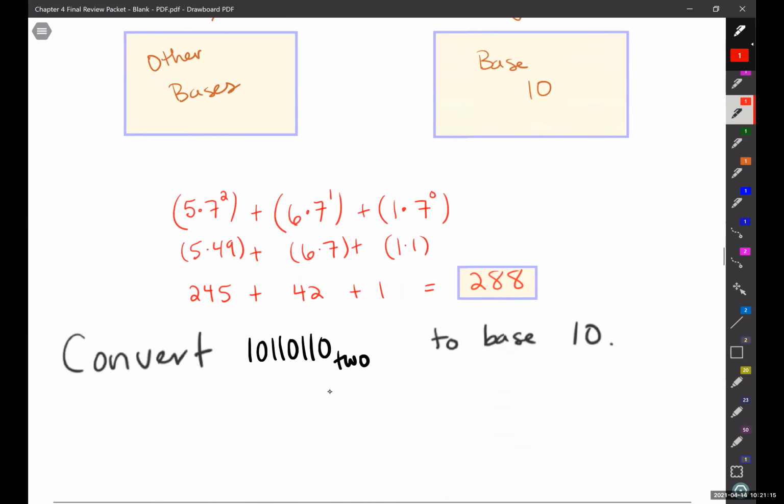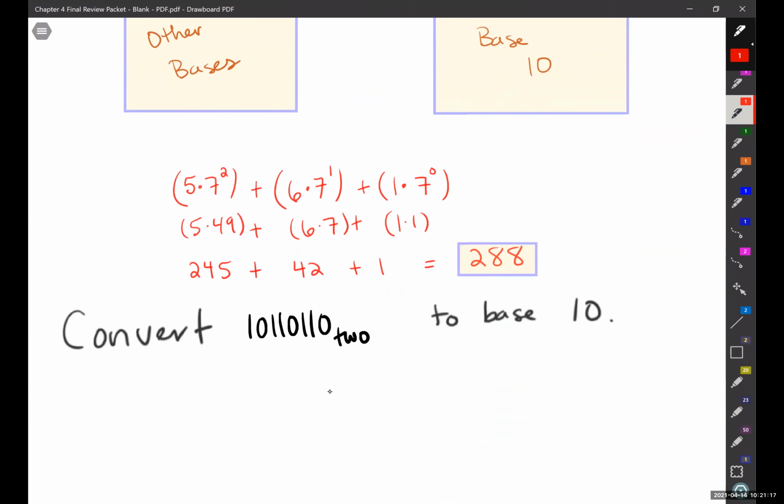So similarly, if y'all would calculate this, remember you always start at the farthest to the right. So just to get us started, that's going to be 0 times 2 to the 0.